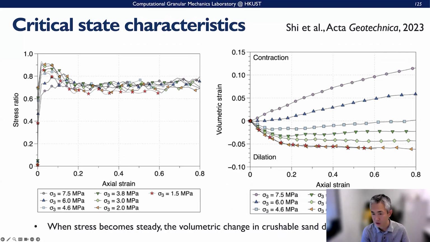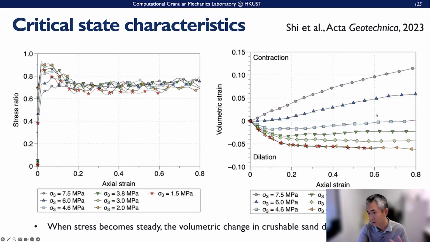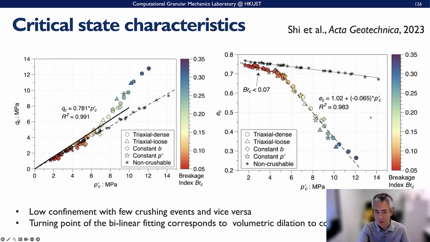If we look at the volumetric strain and strain evolutions, when the stress becomes steady, the volumetric strain continues to develop, which means that even though the stress becomes steady during the crushing, the volume does not really reach the critical state yet here.